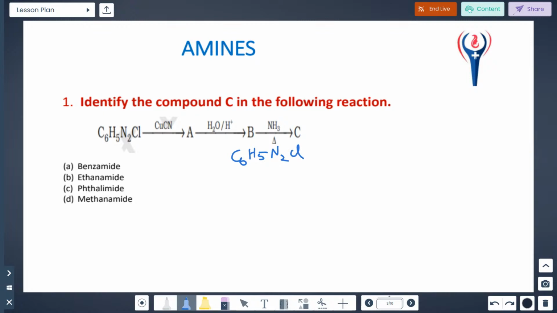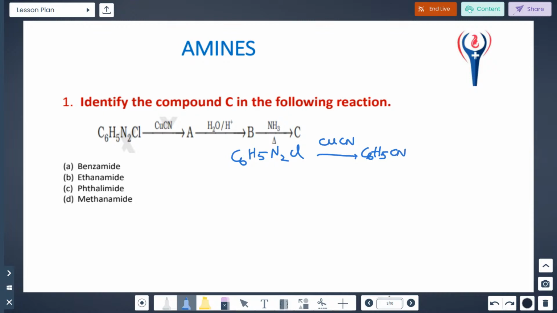You know that this is one name reaction, the Sandmeyer reaction. What's the product obtained? Here cyanide is obtained, no? So N2 will be removed, cuprous chloride will be removed. The product will be C6H5CN. Understood? Phenyl cyanide is obtained.